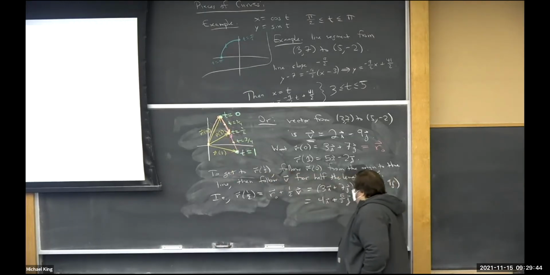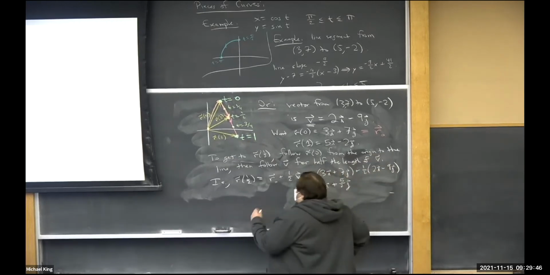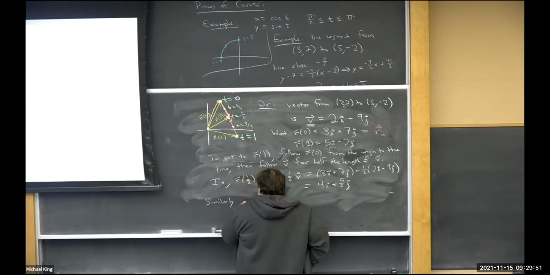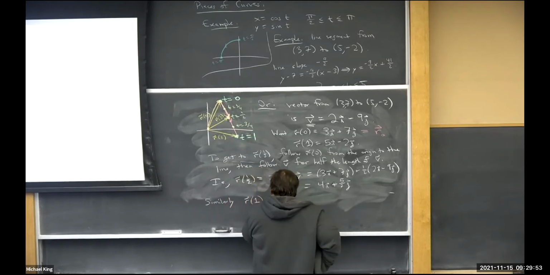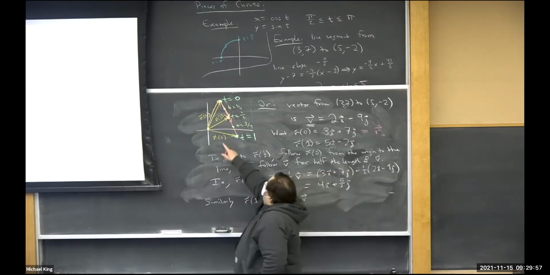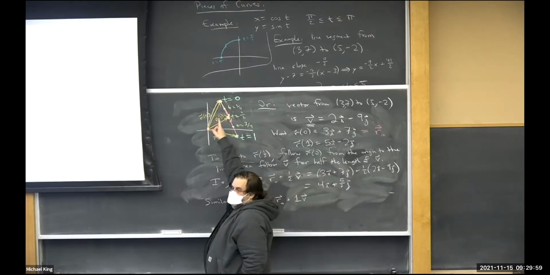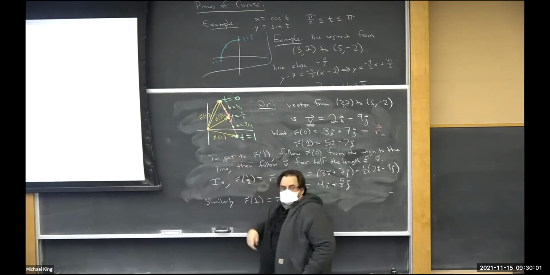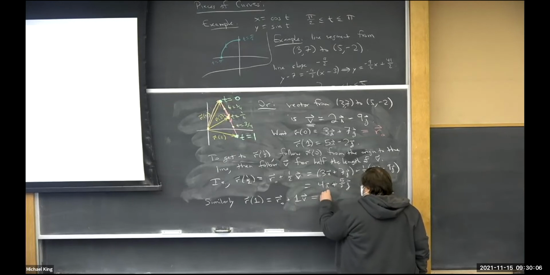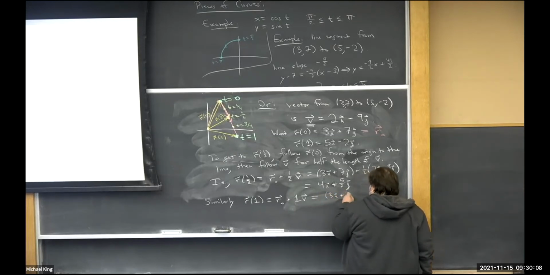And then similarly, just to check, r of 1 should be r naught plus 1v, right? If we go from the origin out to the line segment and then follow v the whole way, for a whole length of v, then we get 3i plus 7j.